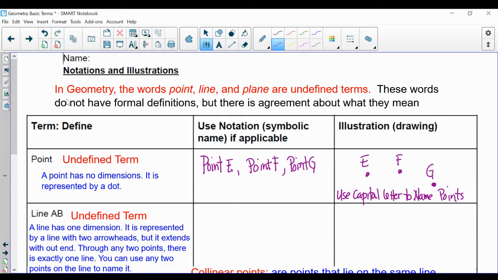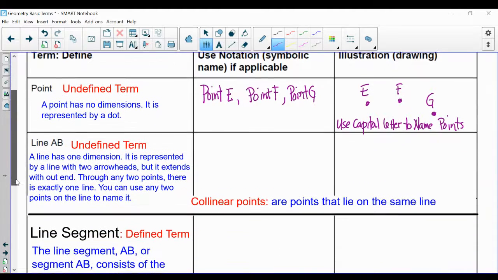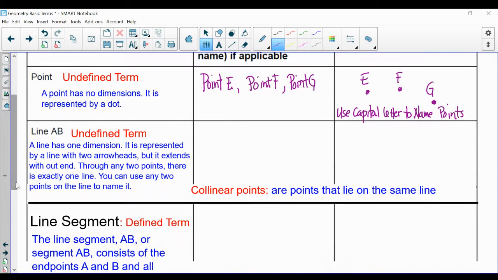Now a line is another undefined term. A line is one dimension. When we draw a line, we always draw it with two arrowheads. If you think about a timeline, it goes on and on. It goes backwards, there's past times, and then it goes forward also, there's time in the future.